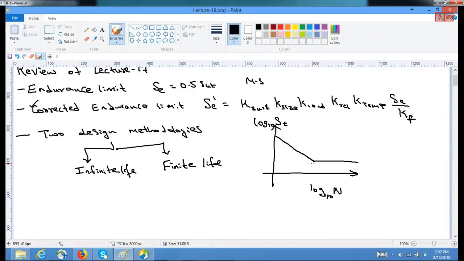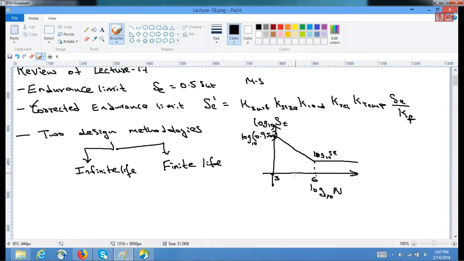So this point was corresponding to log 10 to the power 3, whereas this one was corresponding to 6, and this point is log 10 0.9 SUT, and this one is SE, log 10 SE.